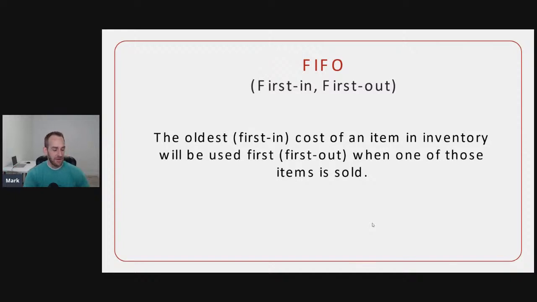So let me just say a word about FIFO. This typically is designed for companies that sell a lot of the same thing. I don't have any of my products right here, but let's say I sell these markers and I buy them 1,000 at a time from my supplier, and they charged me, let's just say, 10 cents per marker.